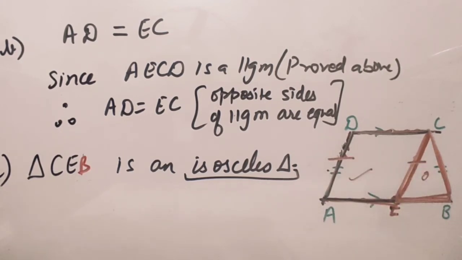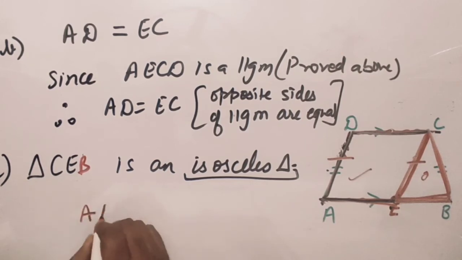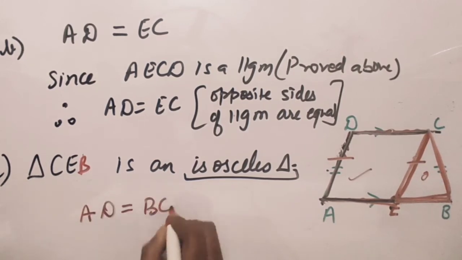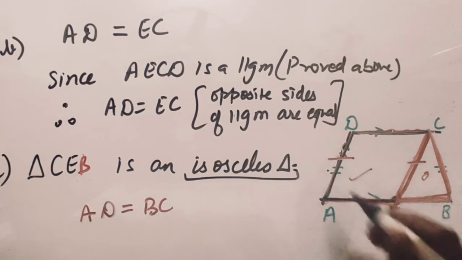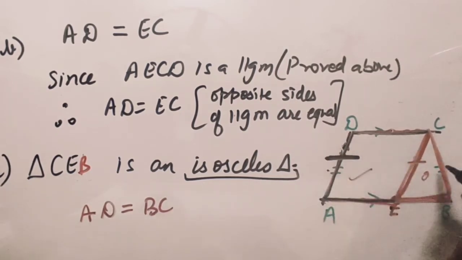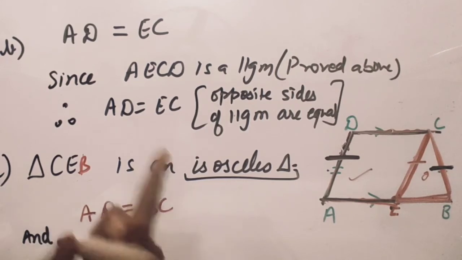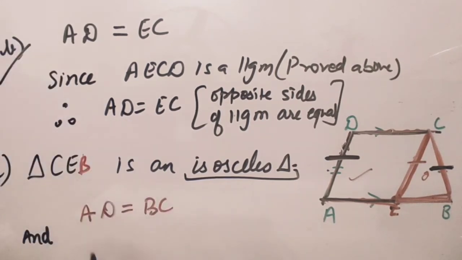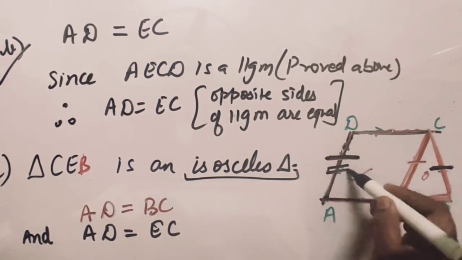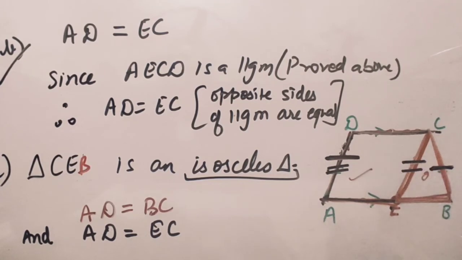If you have read the question carefully, one more thing is given in the question, and that is that AD is equal to BC. Which side am I talking about? This side. AD is equal to BC. And in part B we have proved that AD is equal to EC also.